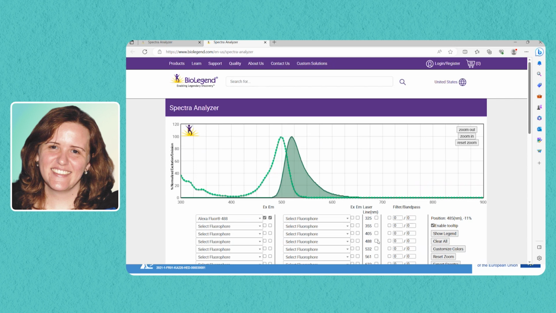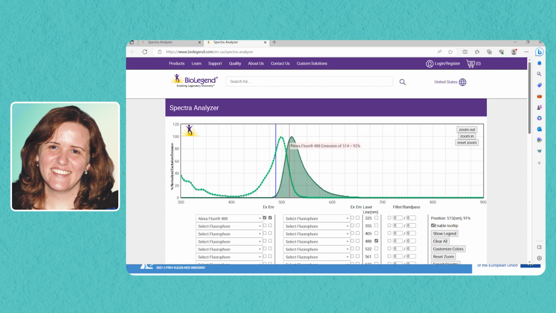And I have a 488 laser. This is the most common, the blue laser. And you can see that the excitation laser actually crosses very well the excitation spectra. Okay, so this means that this is good for my cytometer. It relates with my laser.